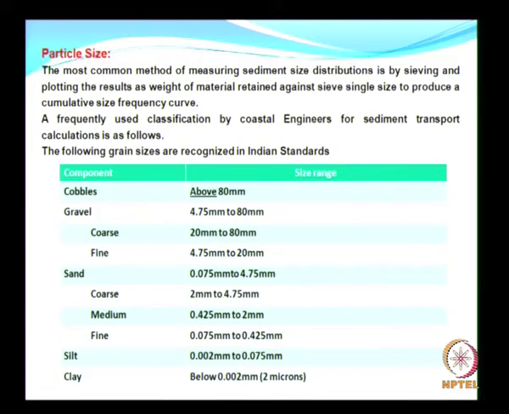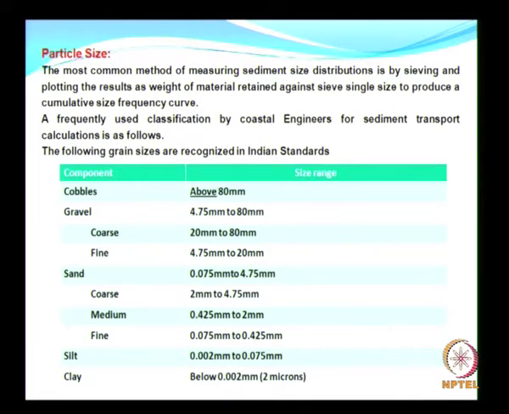So one is cobble, above 80 millimeters, then gravel, 4.75 millimeters to 80 millimeters. Again, gravel can be coarse or fine depending on the variation: 20 mm to 80 mm can be coarse, and fine is between 4.75 and 20 mm.